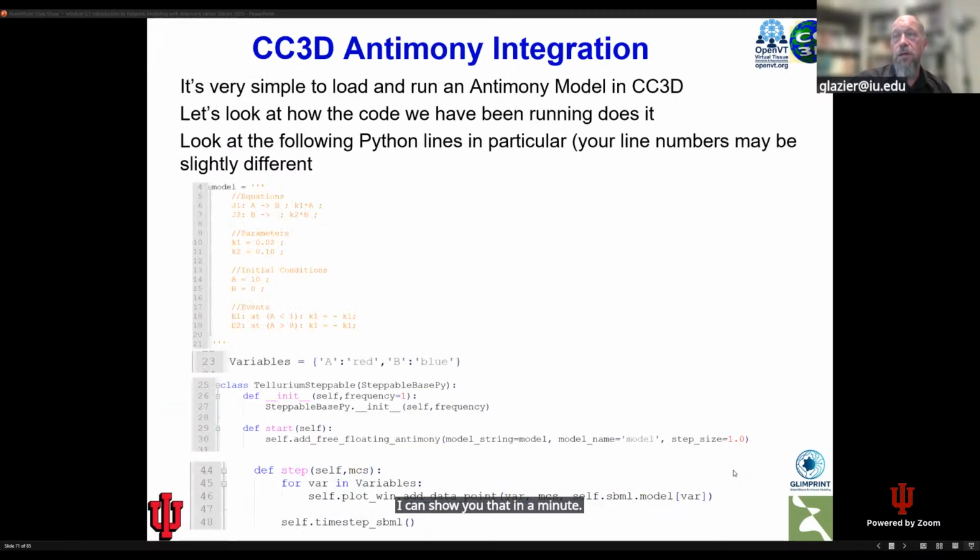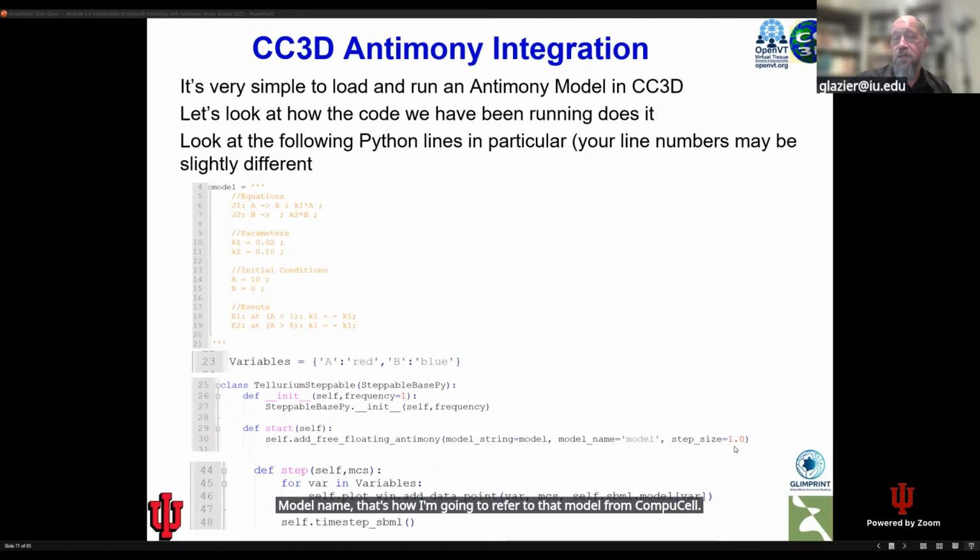If I look at the code that I was just showing you, you'll see in line 30, add free-floating Antimony model, model string equals model. This is the name of the string I gave in line 4. Model name, that's how I'm going to refer to that model from CompuCell.